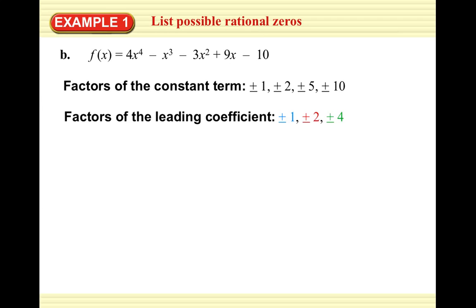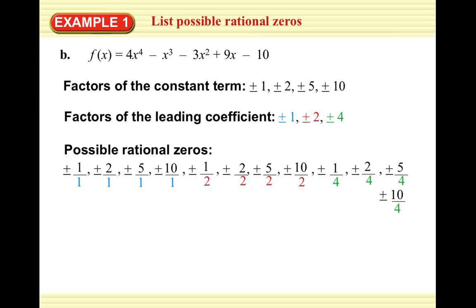So set up our possibilities: all of the factors of the constant over 1, all of the factors of the constant over 2, and all of the factors of the constant over 4. So in this case, we have 12 times 2, 24 different possible rational zeros that we would want to go through and test. But at this point, we're just listing the possibilities.